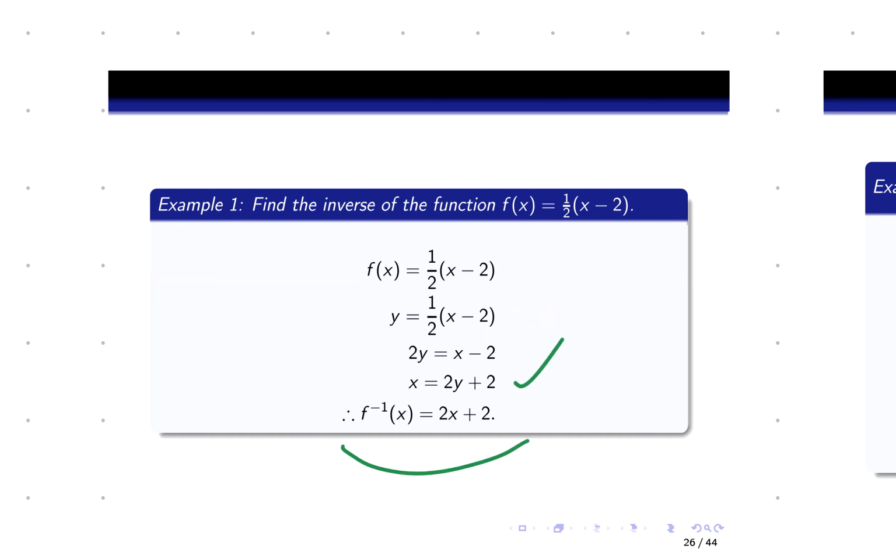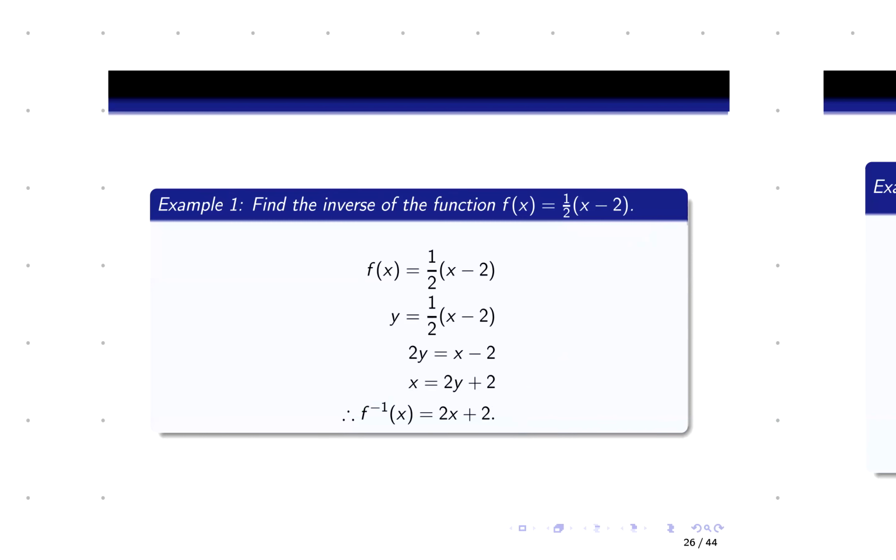That means the inverse of 1 over 2 into x minus 2 is f inverse of x, which is 2x plus 2. It's a very simple process. Make x the subject, then change y to x, and the function you get is the inverse of the original function. Okay, so that's one example.